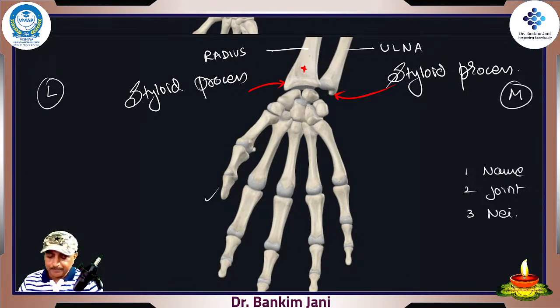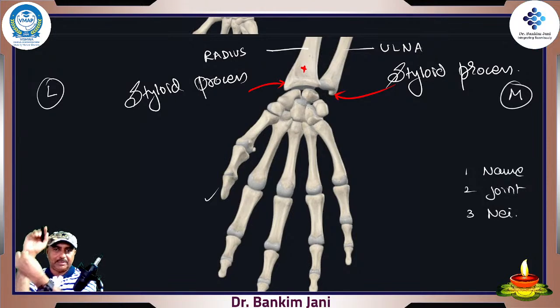We'll see more in detail, but let's start with "she looks too pretty." I know everyone is waiting. So we start on the lateral side. Why lateral side? Because when we were discussing pisiform, we said pisiform is on the medial aspect, and sometimes that small bone gives pain. So this pisiform is on the medial side.